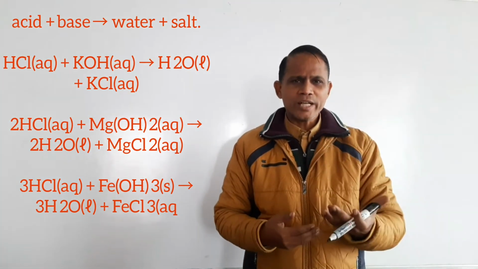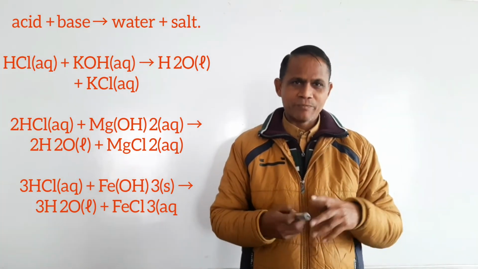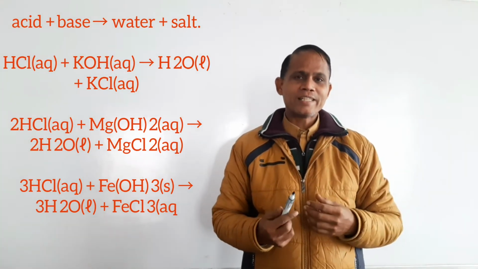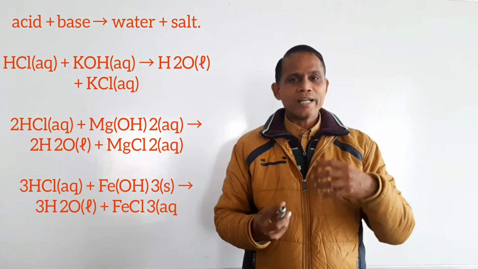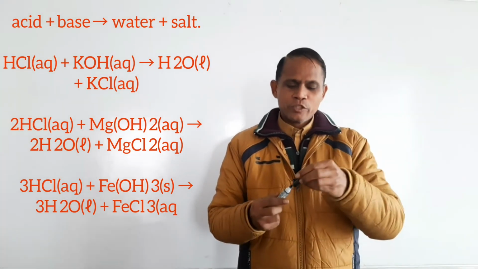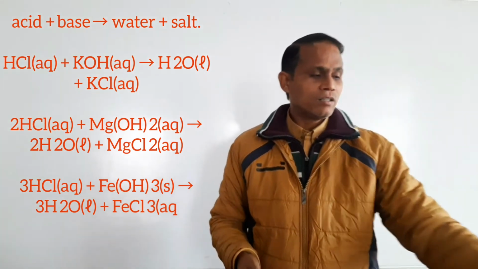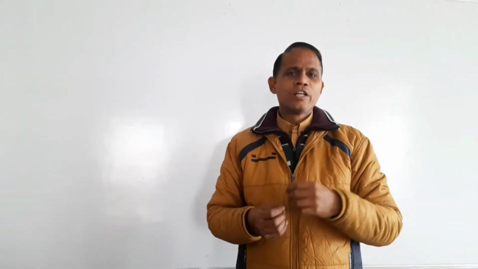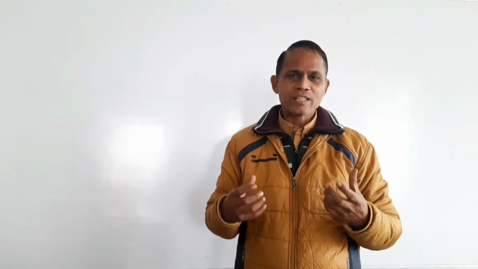Now, to demonstrate that the neutralization reaction actually happens, that it neutralizes the basicity or acidity, I will show with the help of an experiment and activity. Student, I have a sodium hydroxide solution in which I have put a few drops of phenolphthalein, due to which the solution has become pink.